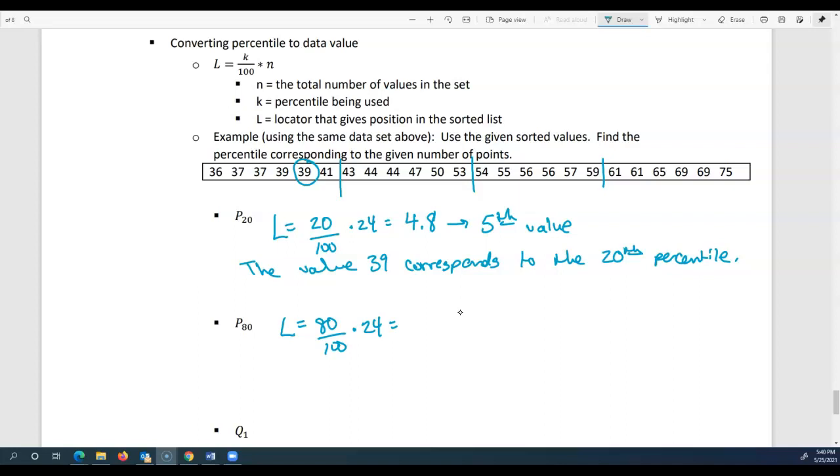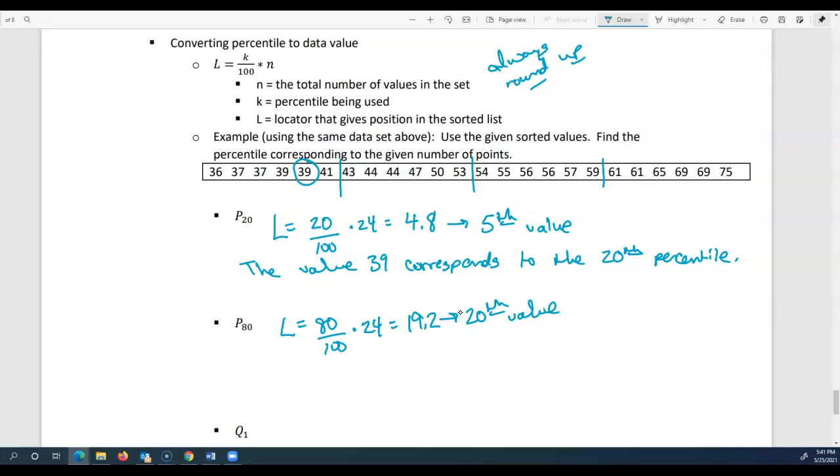Divided by 100 times 24 is 19.2. With these, you always round up. So this is going to be the 20th value. So that's a little tricky. Always remember that. So you may want to write that on a cheat sheet if you're preparing for the next test.